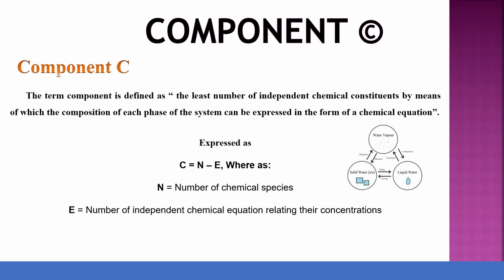Component is defined as the least number of independent chemical constituents by means of which the composition of each phase of a system can be expressed in the form of a chemical equation. This is denoted by the formula C is equal to N minus E, where N stands for the number of chemical species, and E stands for the number of independent chemical equations relating their concentrations.